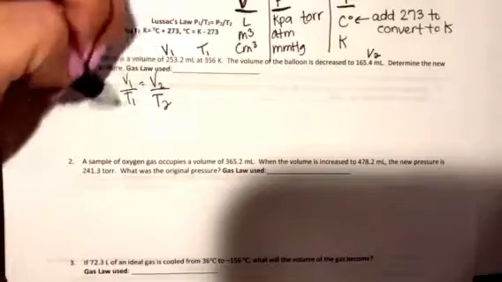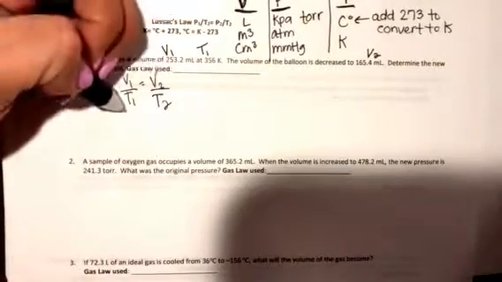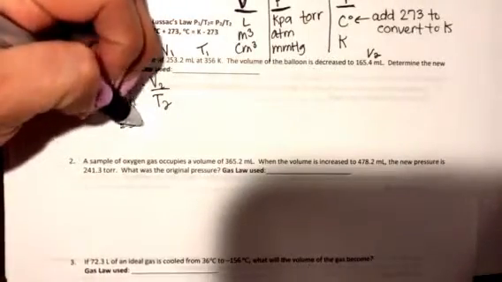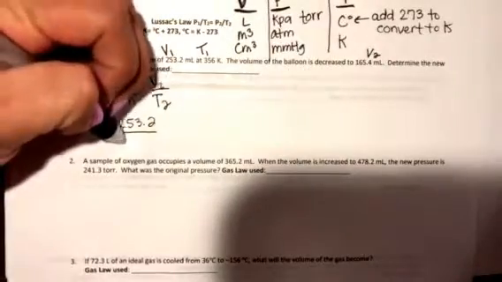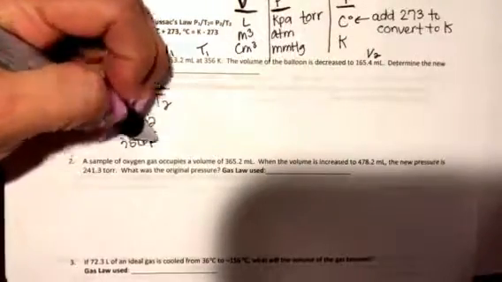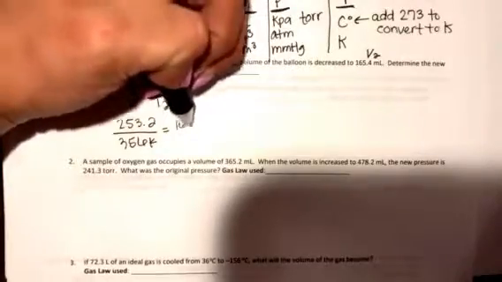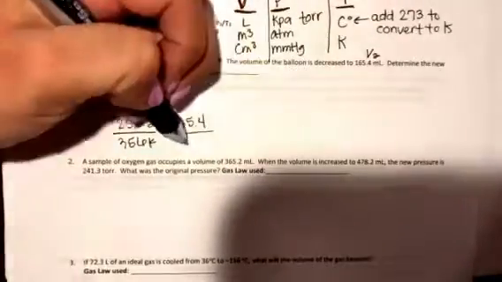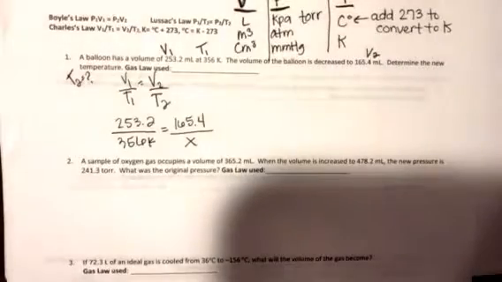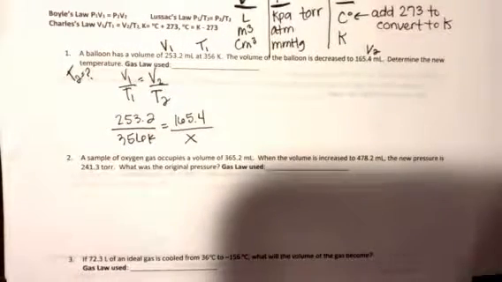So I'll plug in my numbers. My V1's 253. All I did was plug in the numbers that were already there, and then I'm just going to cross multiply.